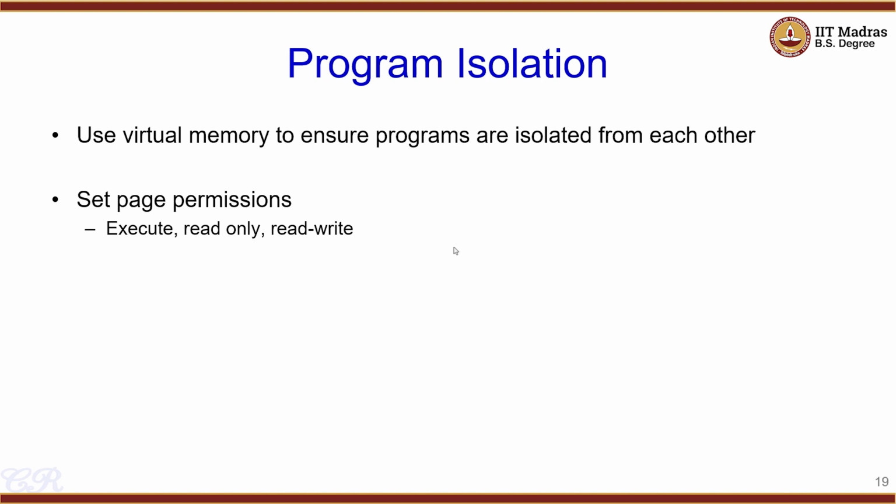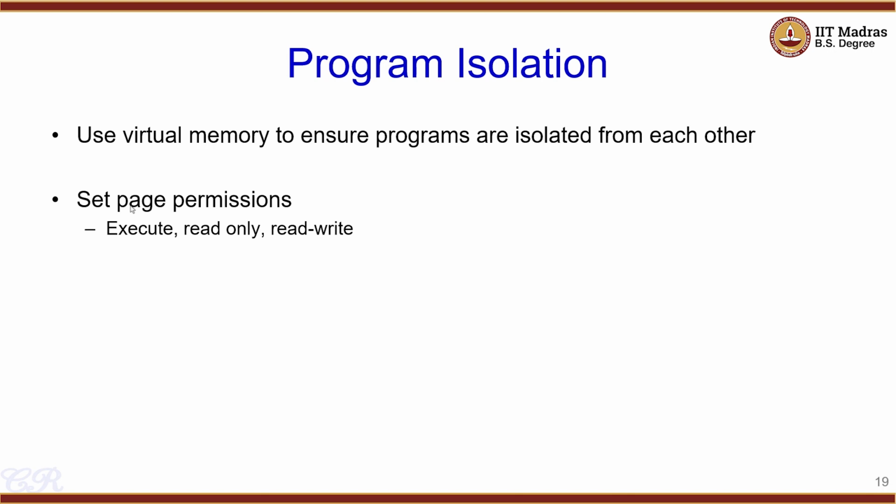Now, if each application has a different virtual address space, it means that any application cannot access the code or the data of another program which is running in a different virtual address space, right? In addition to this, we have the concept of paging, where you can set certain regions of this virtual address space as read only, read write, or execute only, right?